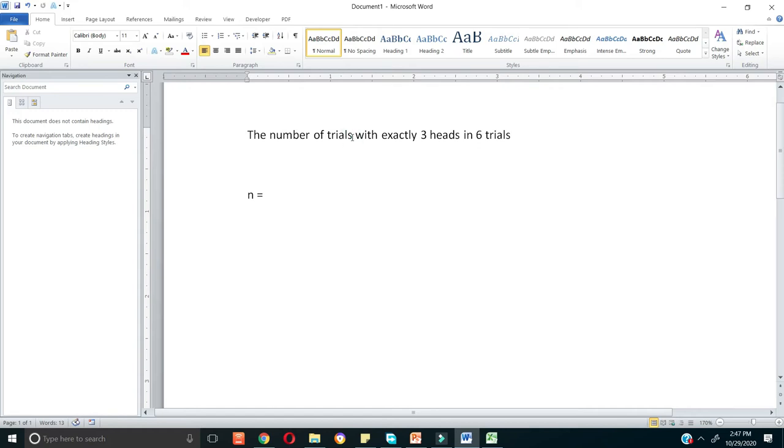Number of outcomes, yeah, so basically number of outcomes with exactly 3 heads in 6 trials. So n is going to be 6.